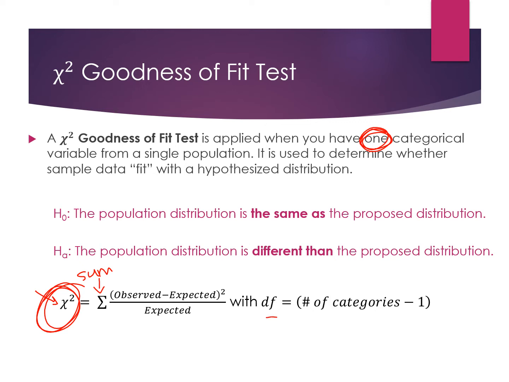Degrees of freedom is a little different here. We're used to doing n minus 1 as in the number of people in your sample minus 1. Here it doesn't really matter the number of people because we're dealing with proportions. It's actually the number of categories minus 1.